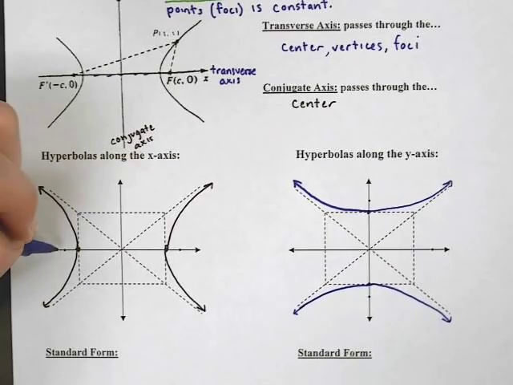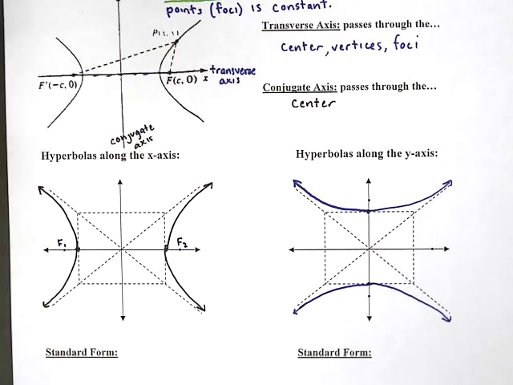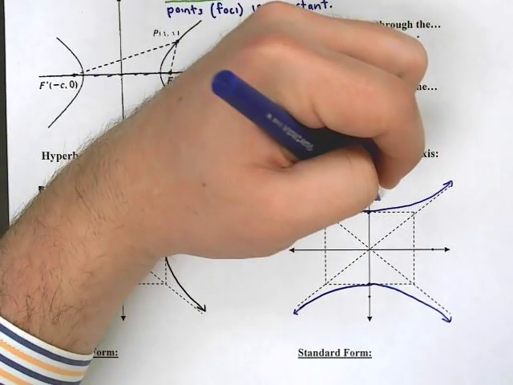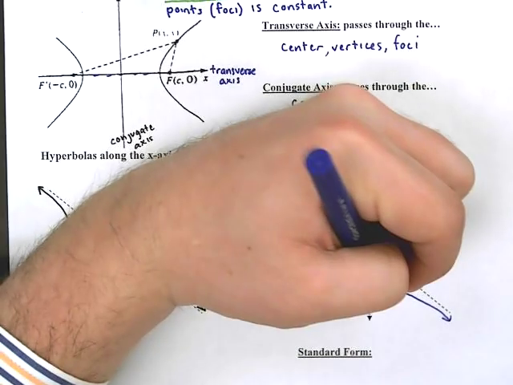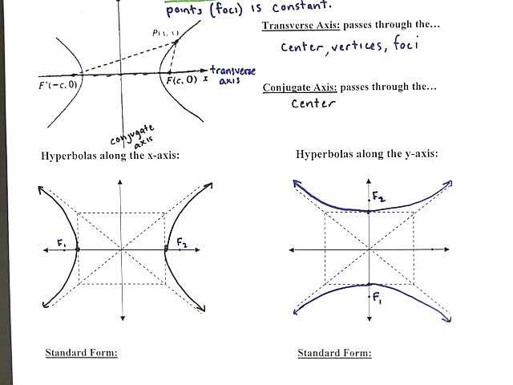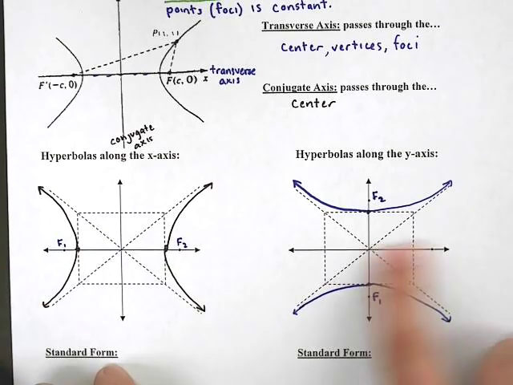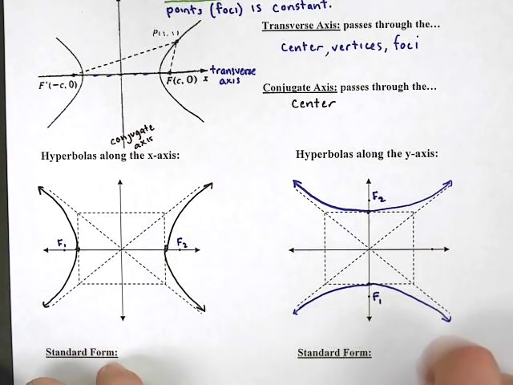I should also make sure to say, here are my foci, and here are my foci. Just call this 1 and 2. Notice the difference: in this picture, I'm not using my foci along the x-axis, even though there's kind of one there. Don't think about that one. The foci are on the transverse axis.